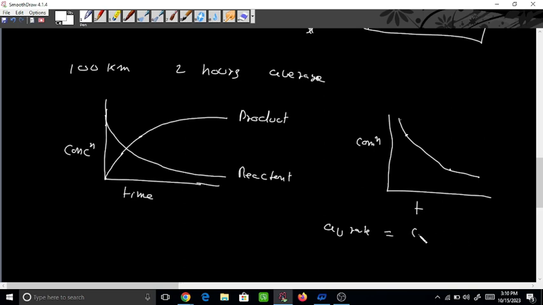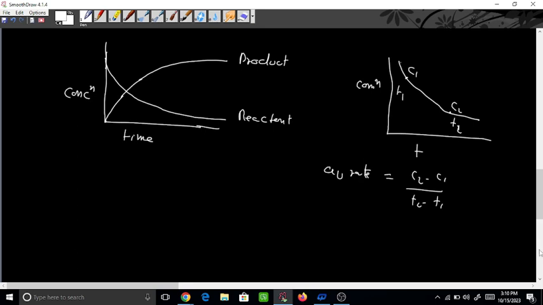Here it will be c2 minus c1 divided by t2 minus t1. Here the concentration is c2, here the concentration is c1, here the time is t2, and here the time is t1. This is how we calculate the average rate, or average velocity, average speed, whatever: c2 minus c1 divided by t2 minus t1. This is the average rate.